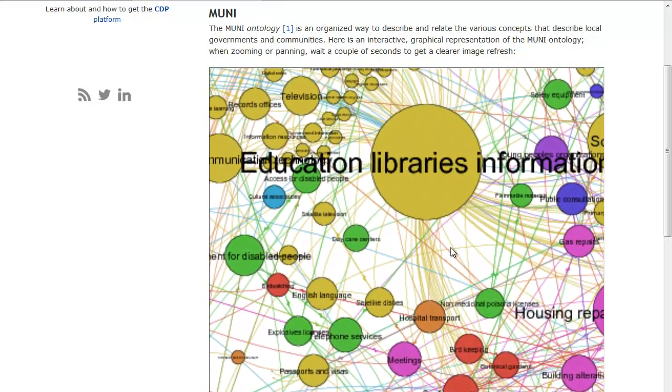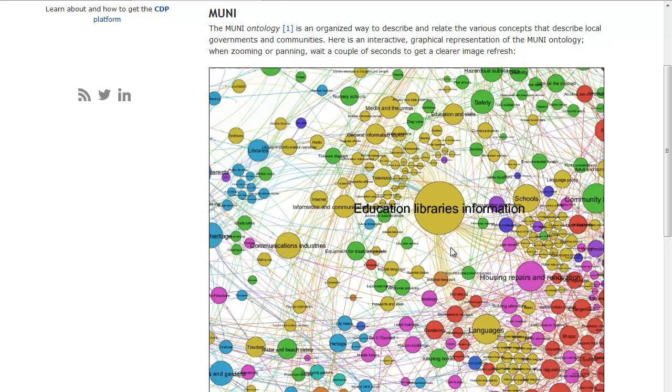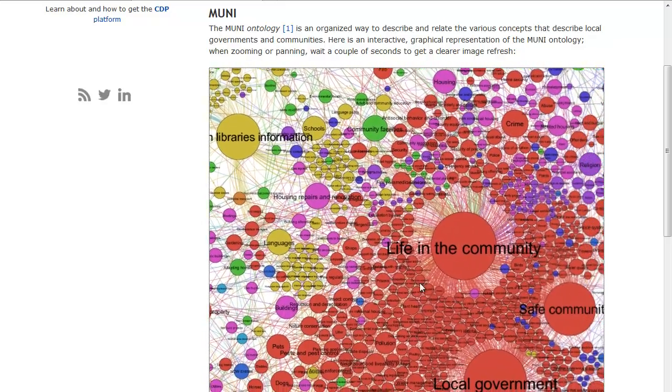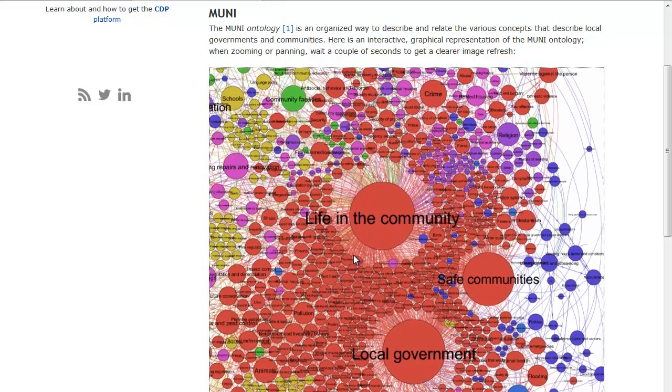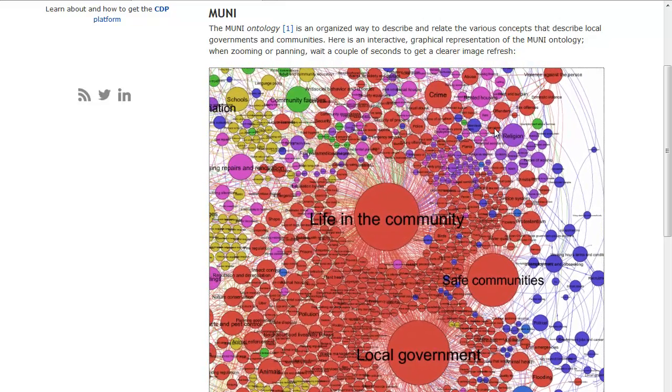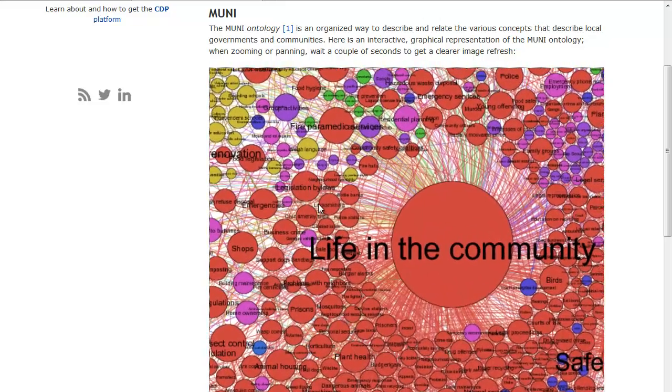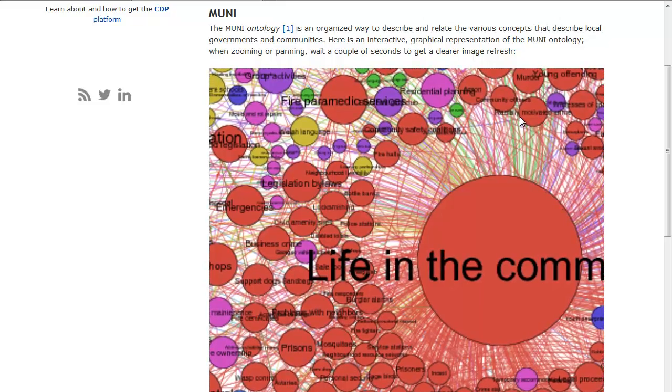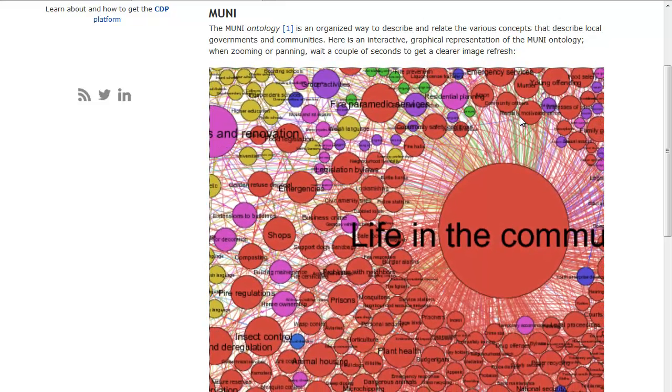This is the so-called Muni ontology that captures various aspects of how to model, in this case, a generic community or city, all of which you can inspect and so forth. So those are four examples of instances that exist out there that you can go look at.